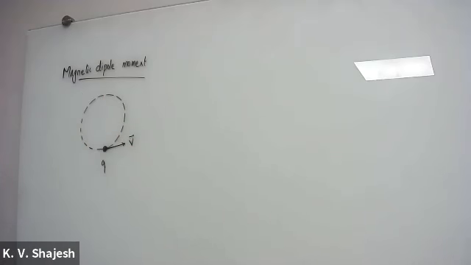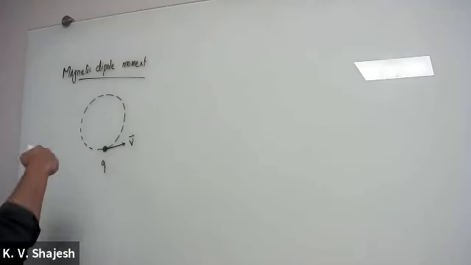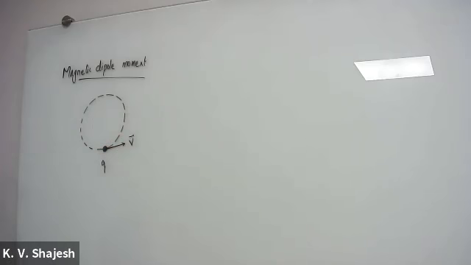And one would say that if a charge is going in a circle, then that might correspond to a current. Especially if it goes very fast, to our eyes it will seem like there is a current in that circle. So what will that current be?